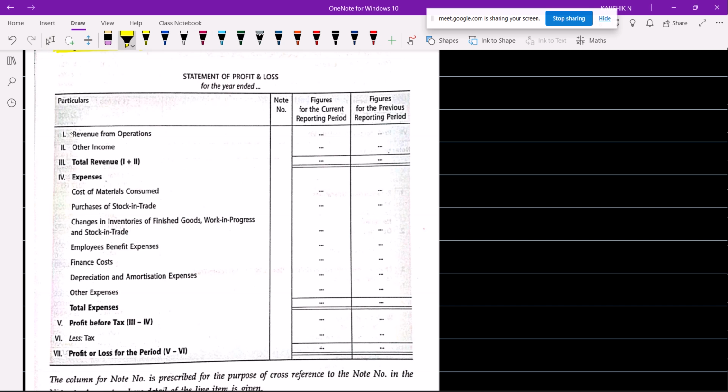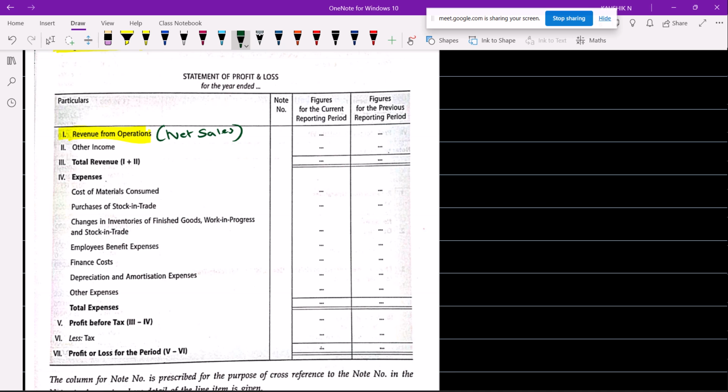Now, the first item which you're going to represent in your P&L is revenue from operations. Remember, this revenue from operations represents your net sales. As you know very well, any business organization, whether involved in a trade activity or in service providing activity, has the ultimate objective of earning profit, and that will come only from their core business operations.